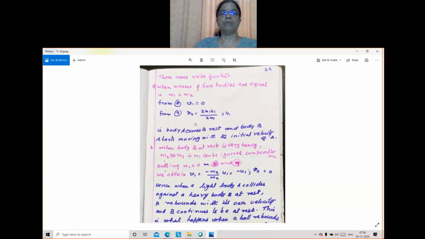B's velocity is already 0, so A's velocity is exchanged with B. Velocity of A becomes 0, but B gets the other body's velocity: 2M1 U1 by 2M1, that is U1.